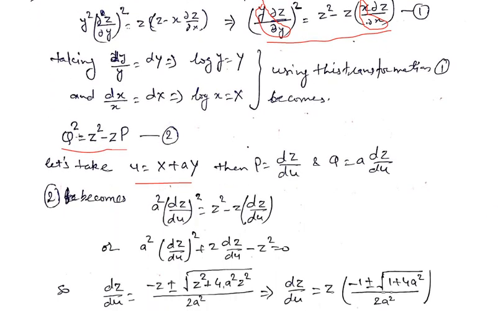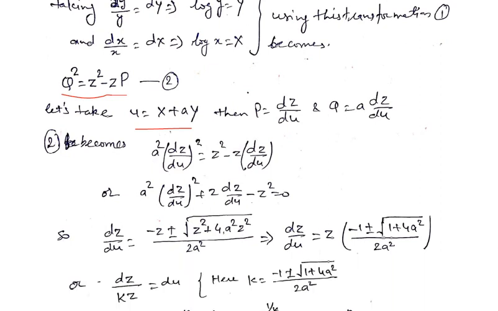Putting the values of p, q in equation 2, it becomes a square (dz upon du) whole square equals z square minus z dz upon du. From here, this is a quadratic equation in the variable dz upon du.